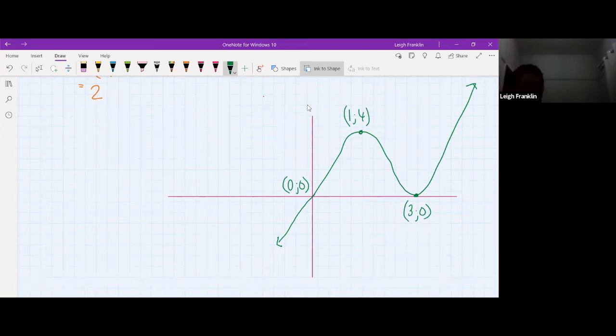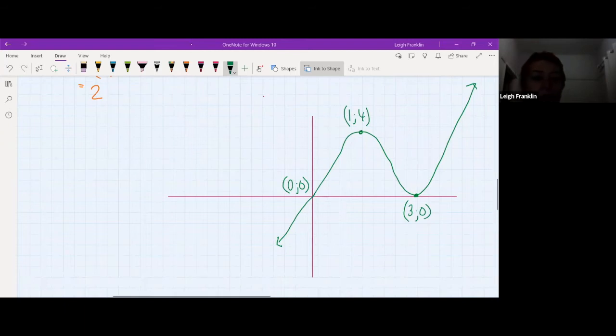The other thing that they love to ask us are questions about output. This is what I was talking to you about earlier. Questions about output, about gradient, and about concavity.